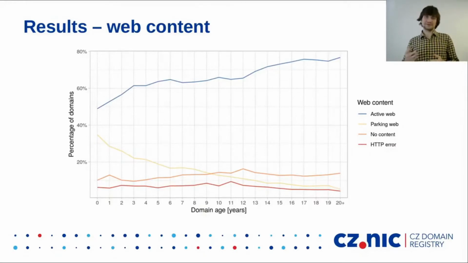For example, for domains older than 20 years, this percentage was around 75%. And on the opposite side, domains registered last year were only in 50% hosting a non-parking website.